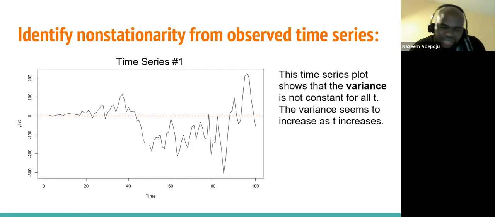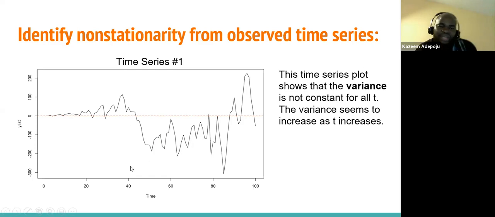That is why we said the variance seems to increase as t increases. What we have right here is different from what we have right here, and different from the expression here, and so on.